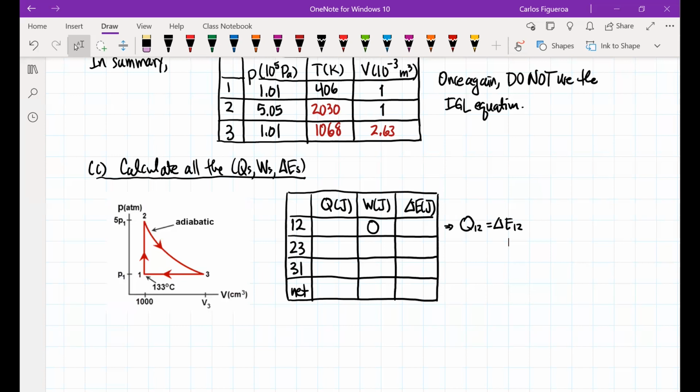If I punch in my values, I get minus 247 plus minus, oh, nope, that should be a minus, not a plus, minus 165. If I compute that, I get minus 412 joules, which will then give me the heat between 3 and 1.